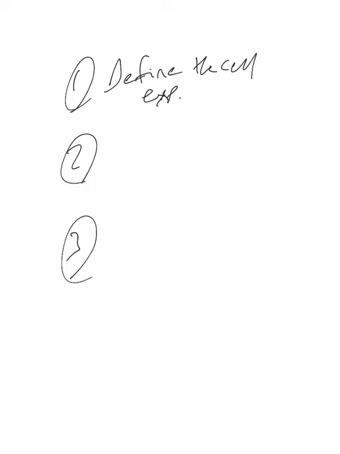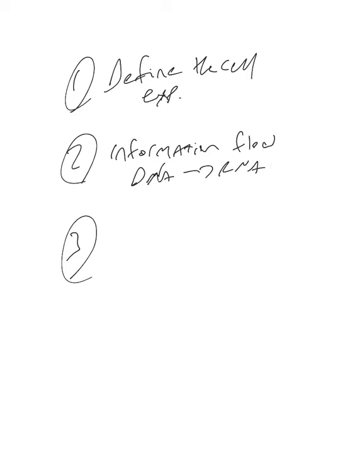So after we defined the prototypical cell in Unit 1, we moved on to Unit 2 and we looked at information flow in a cell. And really what we were focused on here is the central dogma, DNA to RNA to protein, and trying to understand how this is regulated.